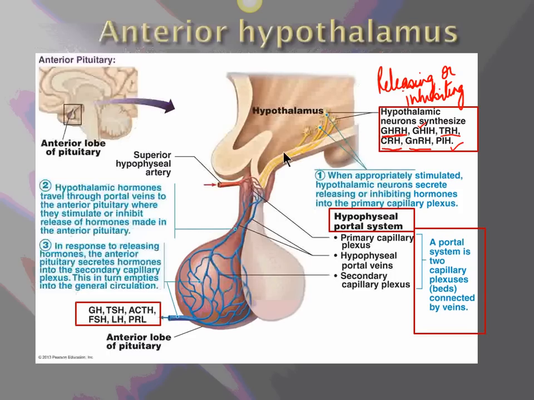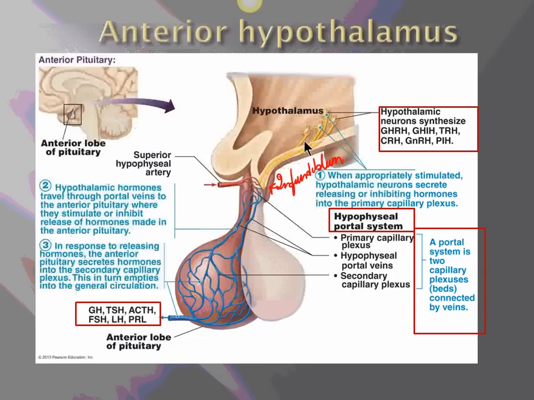So they are passed down a tract which ends quite high up. This area which connects the hypothalamus to the pituitary, this part here, this area like a stalk, is known as the infundibulum. So it's the stalk which connects the hypothalamus to the pituitary gland.